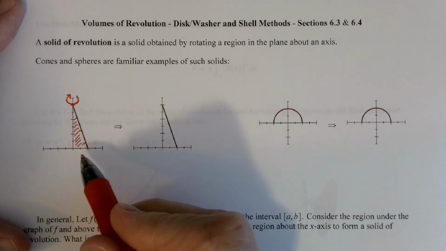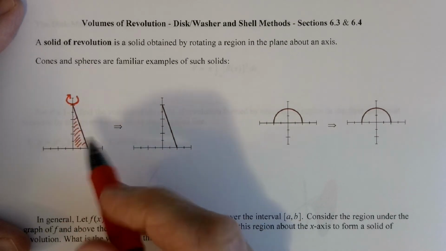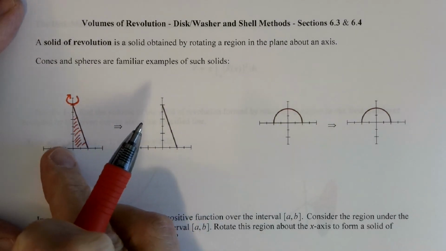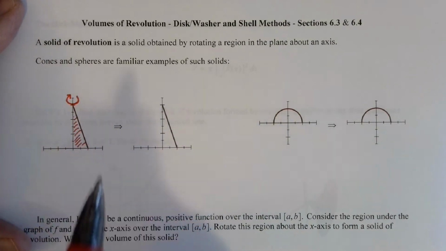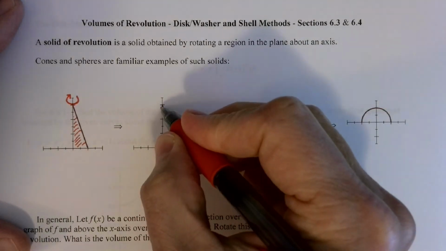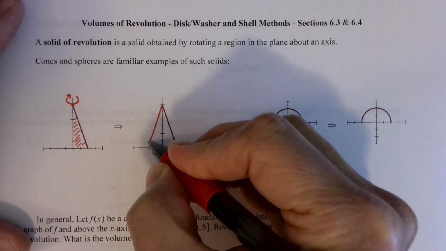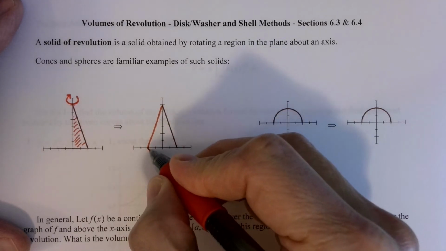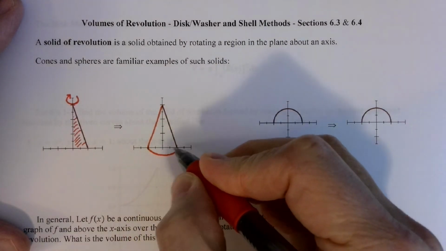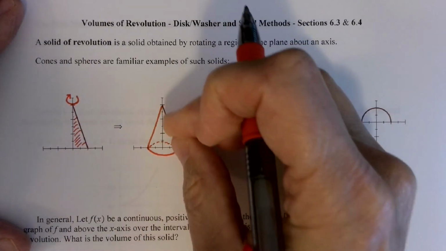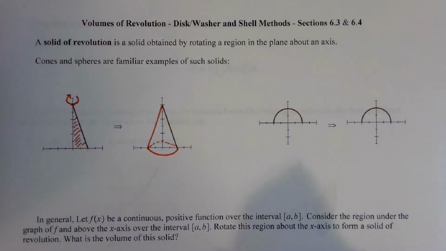This is in the plane here, but this region is going to sweep out and go all the way around, go back into the page, and then come around, and we are going to form a cone, right? When it goes back into the page, it will go here, and of course it's going to sweep out a circular pattern, right, as we swing that triangle all the way around. And we have a cone, right?